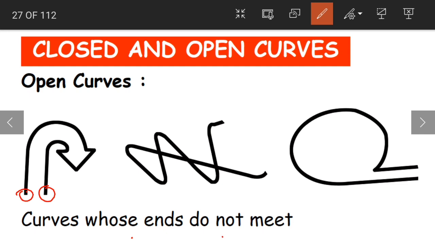Are they meeting? No, they are not meeting. In your previous class, I think in your third class, you might have learnt about open figures and closed figures. So this is something very similar to closed and open curves. Here the two ends are not meeting each other, so this is called an open curve.